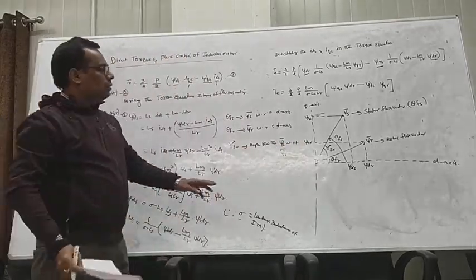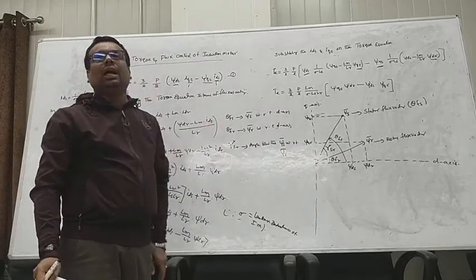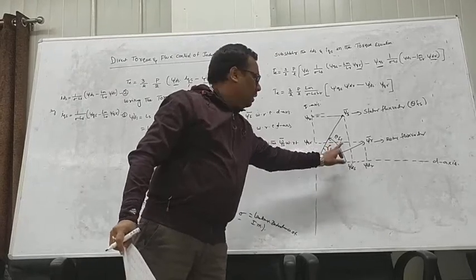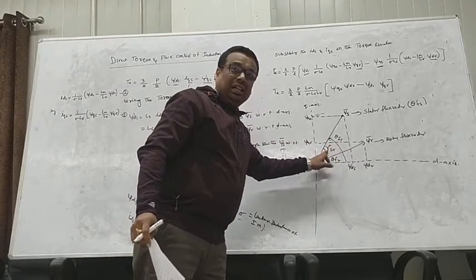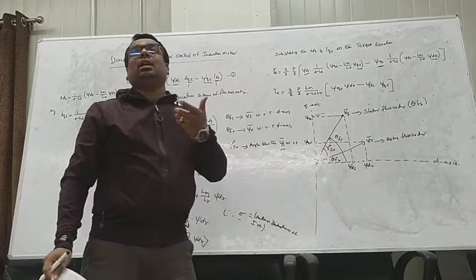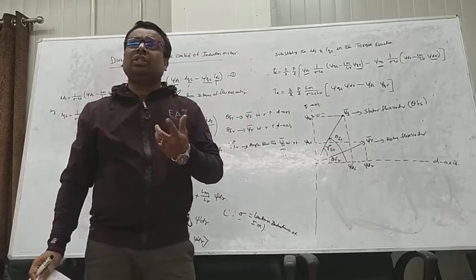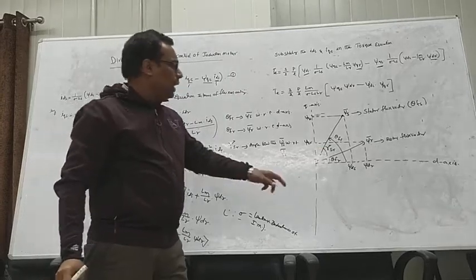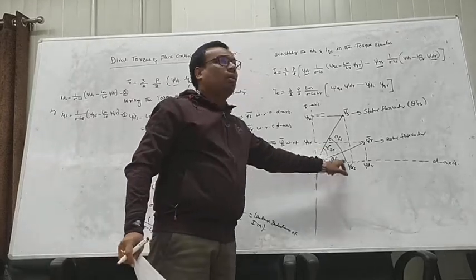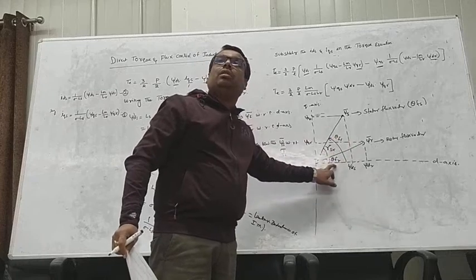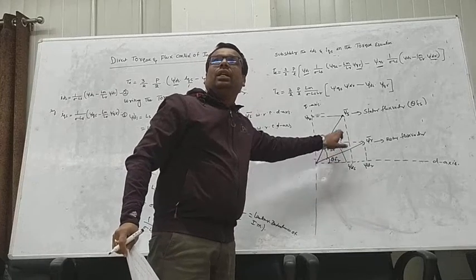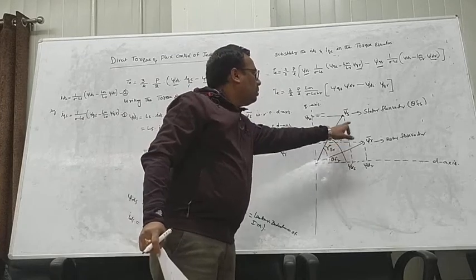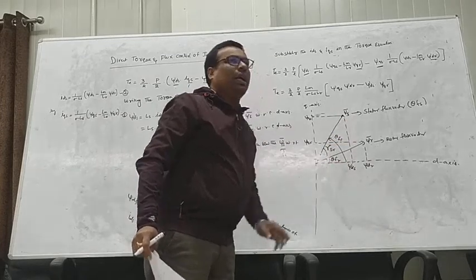Here we are considering three angles: theta fs, theta fr, and gamma SR. Gamma SR is the angle between the stator flux vector with respect to the rotor flux vector. Theta fr is the angle between the rotor flux vector with respect to the d axis. Theta fs is the angle between the stator flux vector and the direct axis.